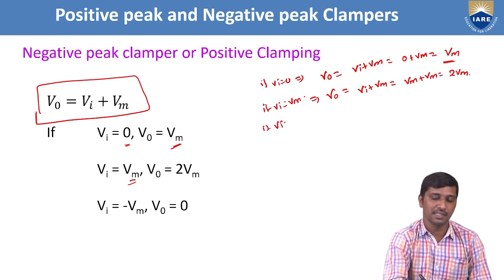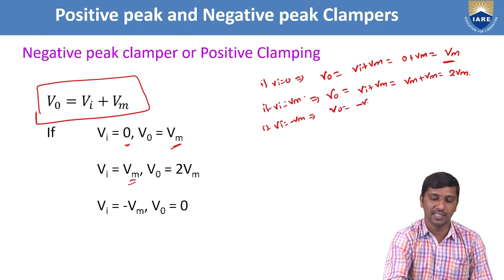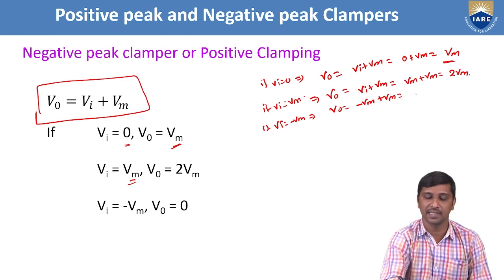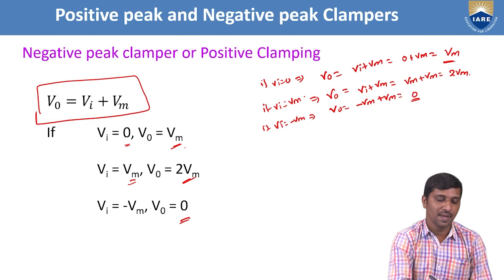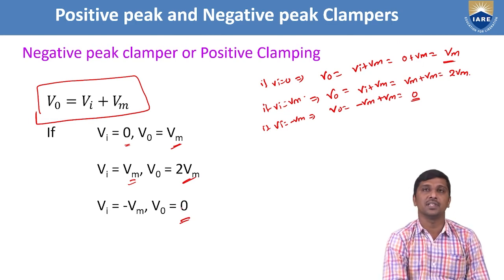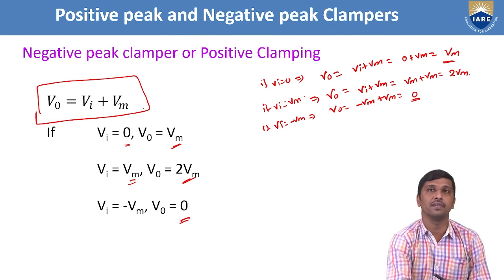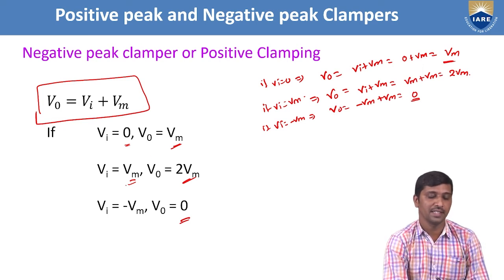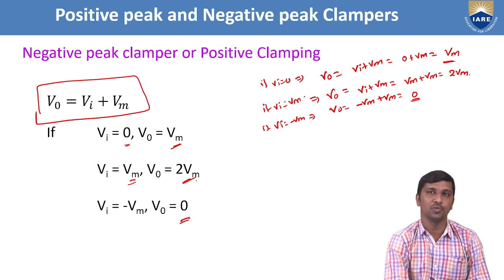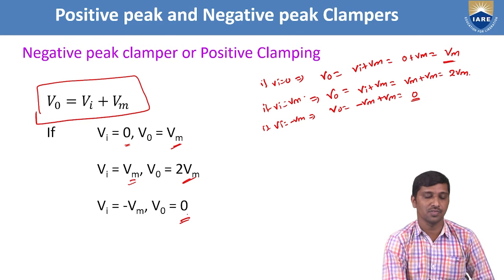Similarly, if Vi is minus Vm, V0 is equal to minus Vm plus Vm, so Vm and minus Vm cancel and the answer is 0. So these are the three parameters we observed from the mathematical relation of the output expression. Vi is 0, V0 is Vm. Vi is Vm, V0 is 2Vm. If Vi is minus Vm, V0 is 0.